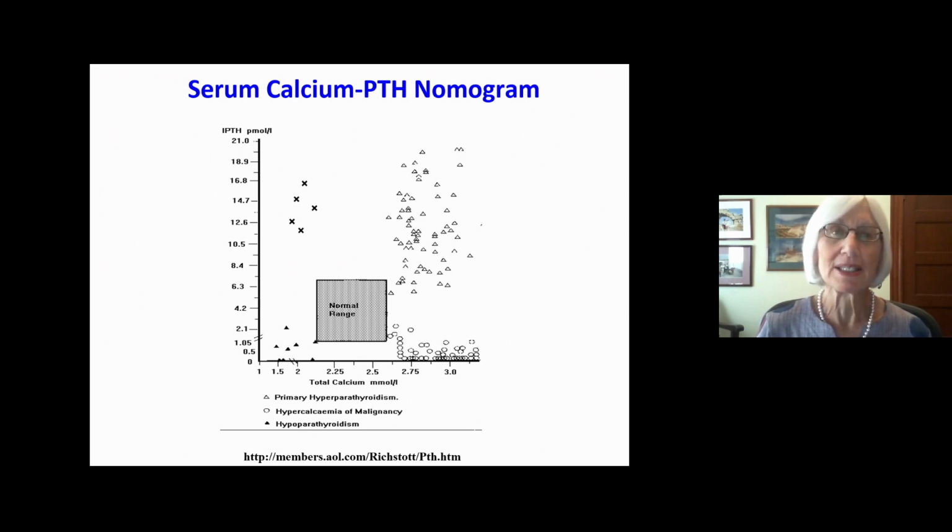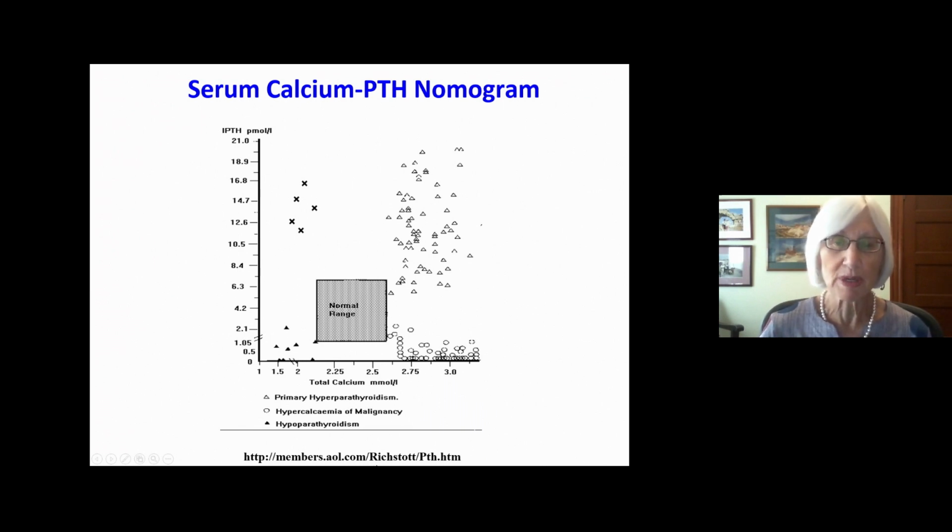So I'd like to begin to make sure we're all on the same page in terms of calcium and parathyroid. And I like this nomogram, which shows calcium in millimoles per liter on the x-axis, going from low calcium to high calcium, and parathyroid hormone, PTH, on the y-axis, going from low to high.